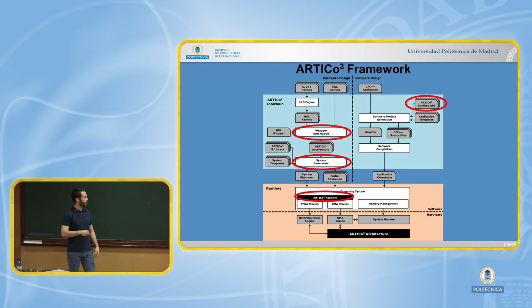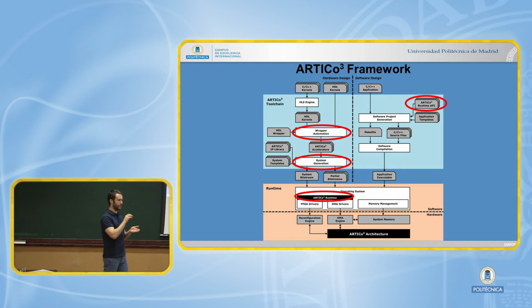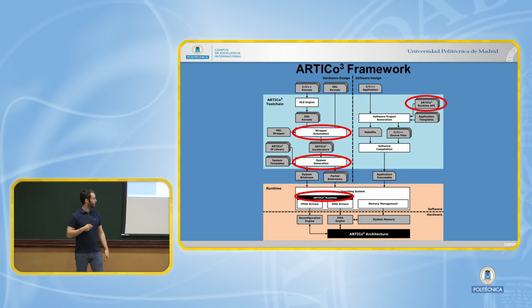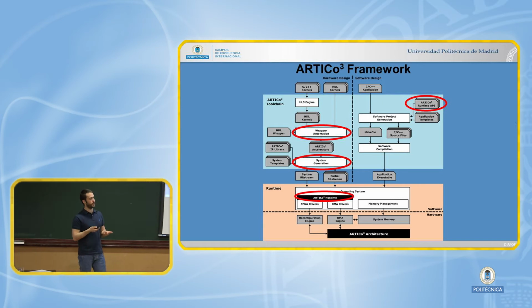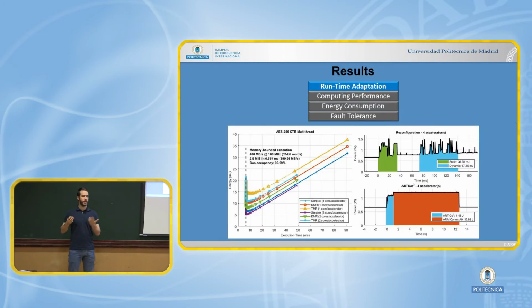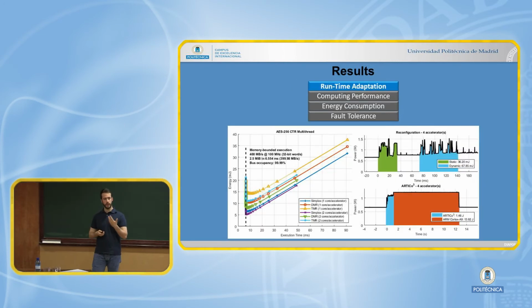And then there's the runtime support at the bottom that provides an interface between the running application in the processor and the accelerators. And these accelerators are placed in Artico Cube, which is a reconfigurable architecture that allows designers to work with trade-offs at runtime between execution time, so performance, energy consumption, and also different levels of fault tolerance.